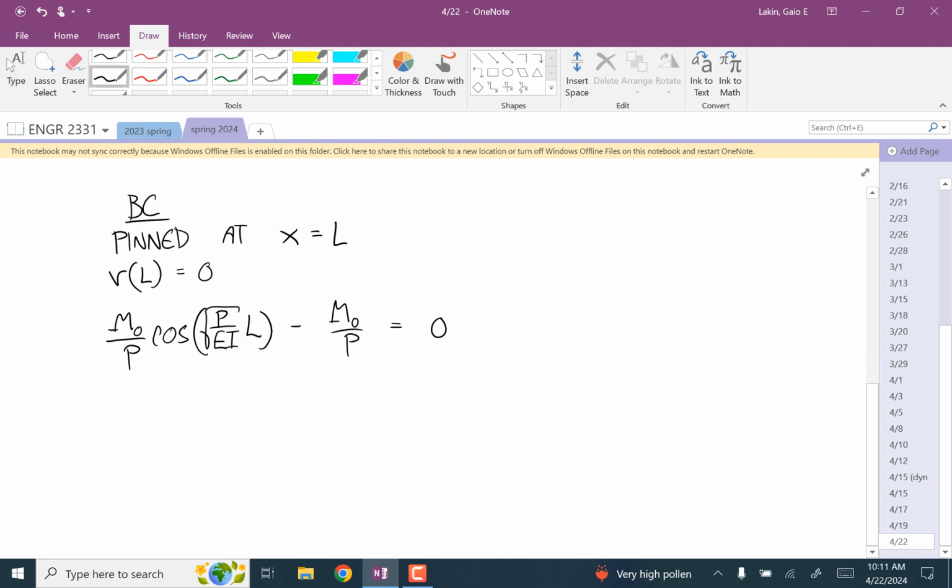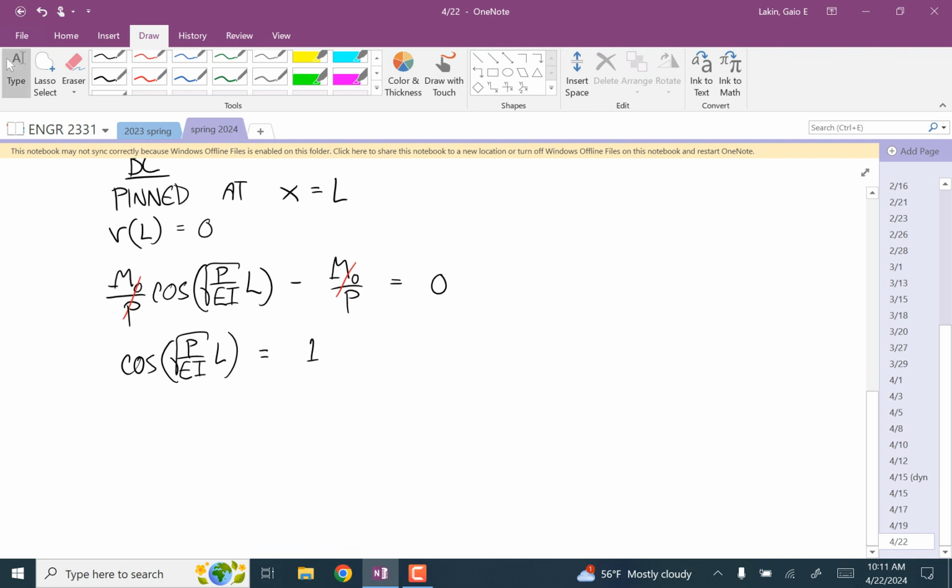You can divide everything by M sub 0 over P. What this requires is that the cosine of this is equal to 1.